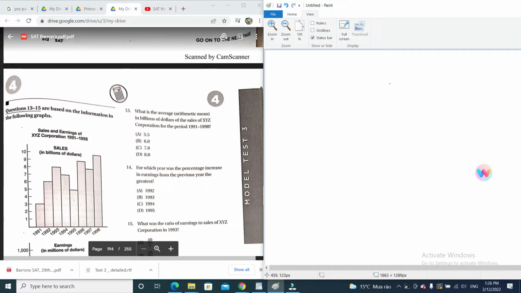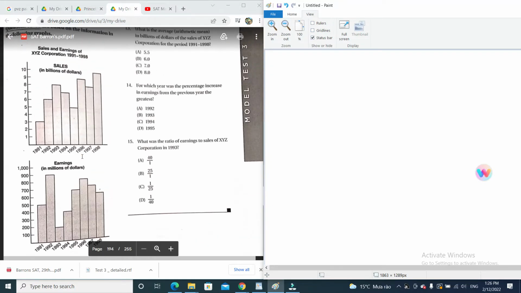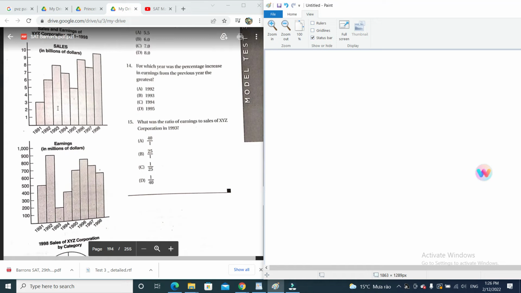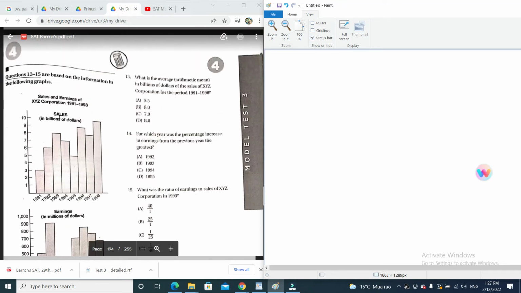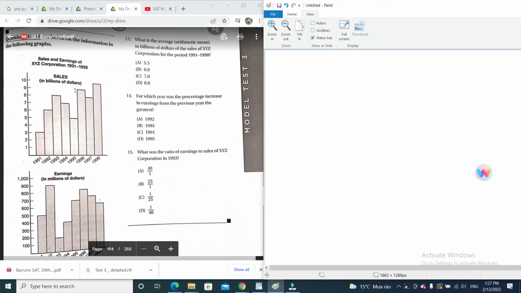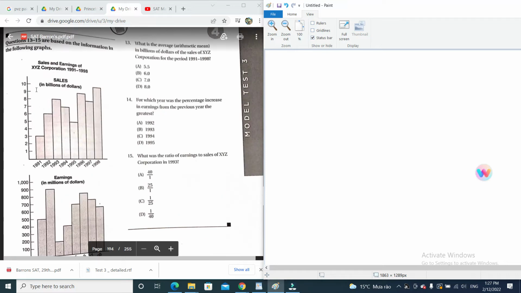Those sales are in $1 billion. So there are two charts, one for sales and one for earnings. The earnings are in $1 million, whereas the sales are in billions of dollars. So the unit is different, and you have to take note of that.